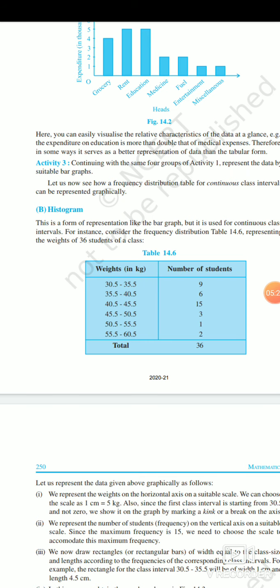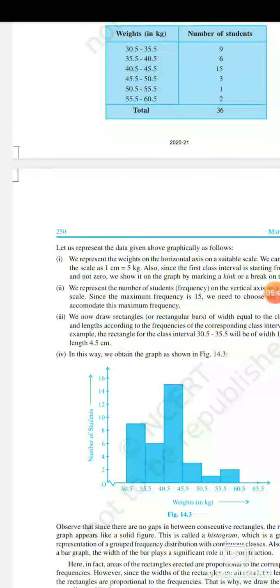What is the difference between a bar graph and a histogram? There is no gap between two data on your x-axis. That's all. There is no gap; it's in continuous form. Next, on the x-axis, we start from 30.5 to 35.5. In the first line write 30.5, second line 35.5, next 40.5, 45.5, up to the maximum number 60.5.